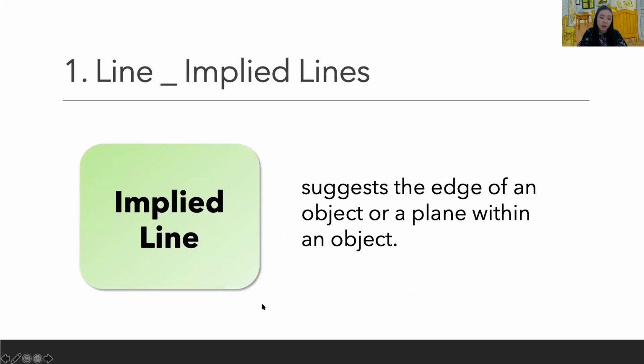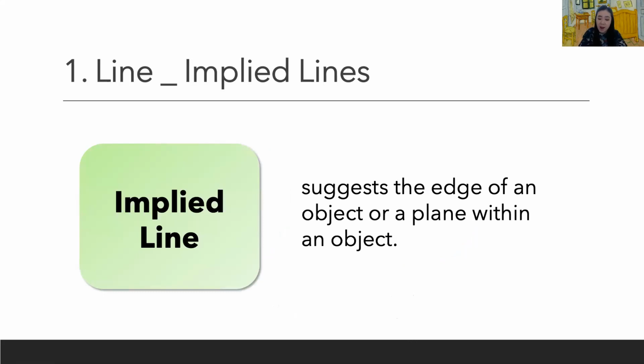And there is an implied line, which is similar to contour line. An implied line is defined as a line that suggests the edge of an object or a plane within an object. The line may be broken by intermittent marks.